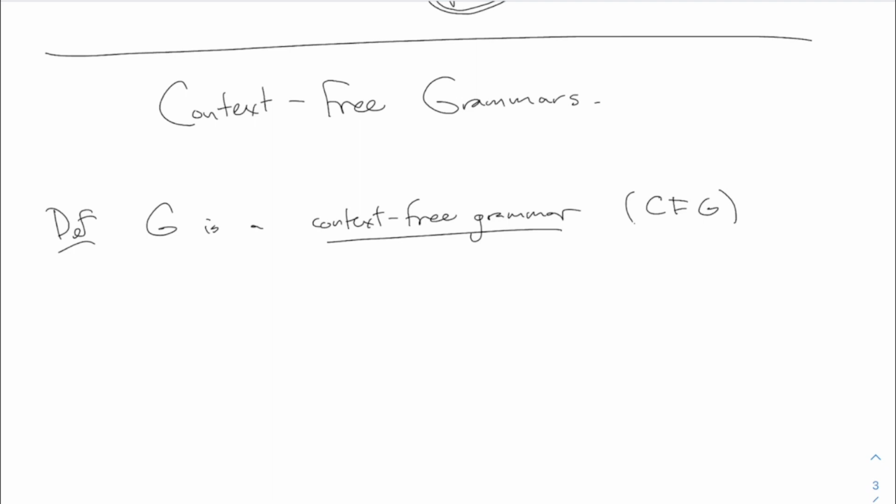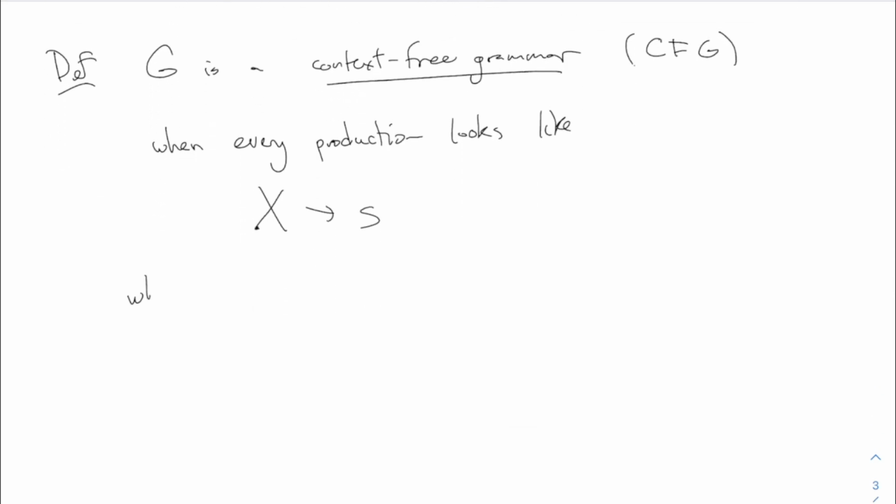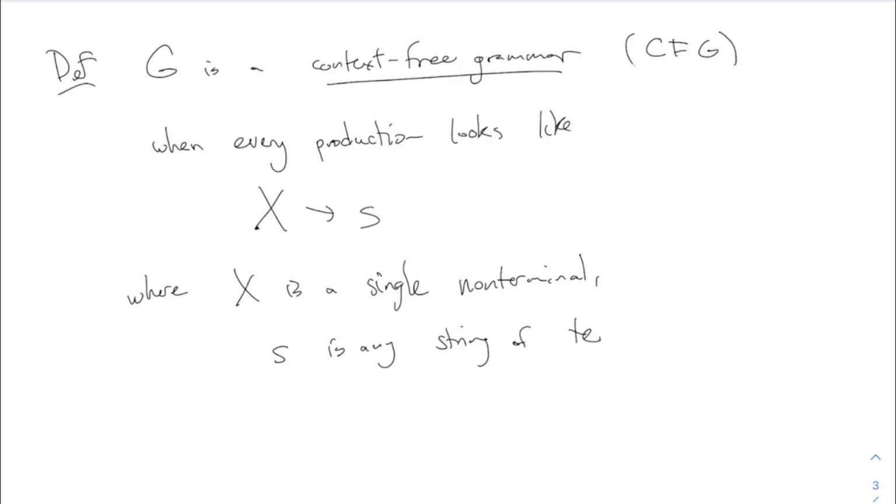What this means is that every production, that is the arrows in the grammar, looks like X goes to S, where X is a single non-terminal, and S is any string of terminals and non-terminals.